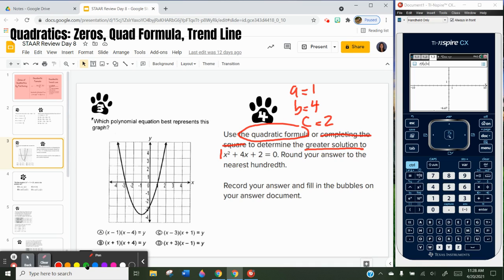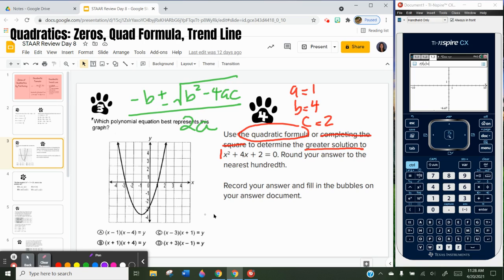Now that we have our A, our B, our C, you're going to use this formula, negative B plus or minus the square root of B squared minus 4AC all over 2A. This is your quadratic formula that we learned, and it's also on your formula chart, so you don't have to memorize it, but we're going to go back over how to use that formula.